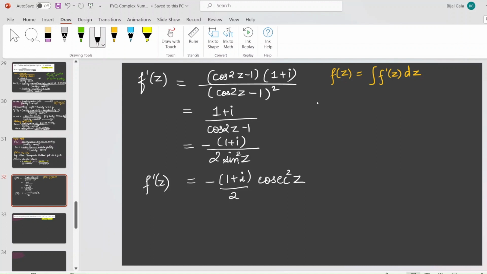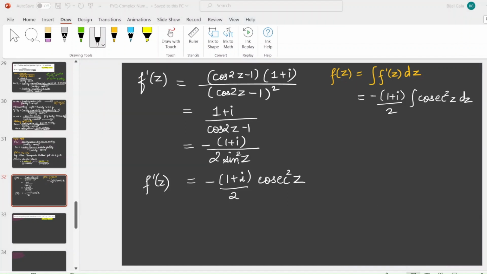That's going to give us, let's take the constants out, negative 1 plus i over 2 integral of cosec square z dz.